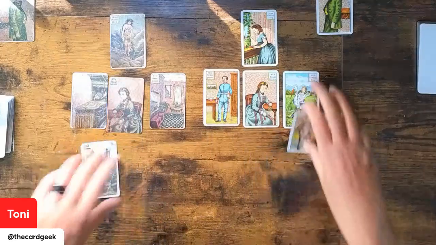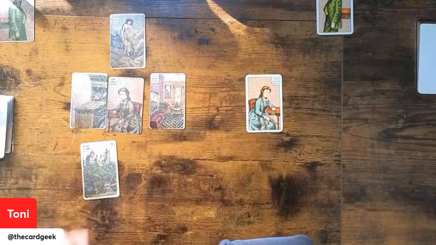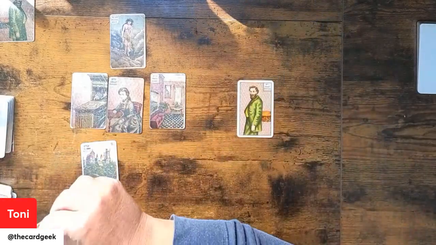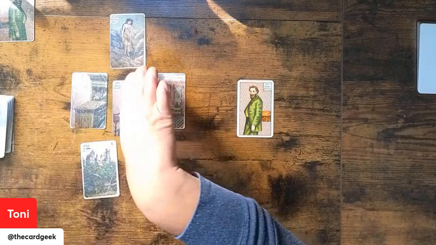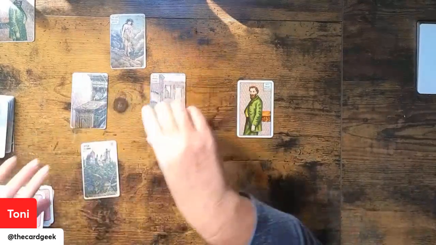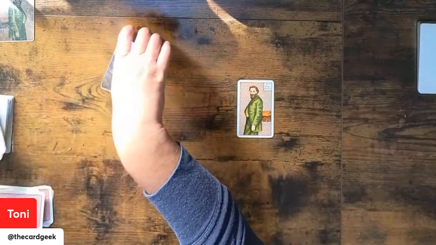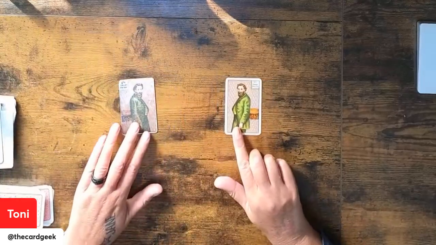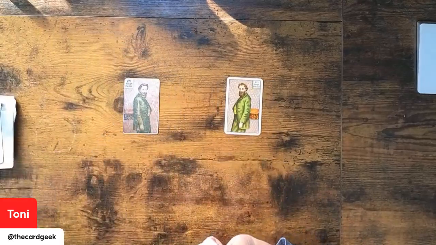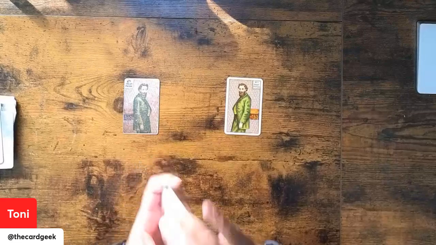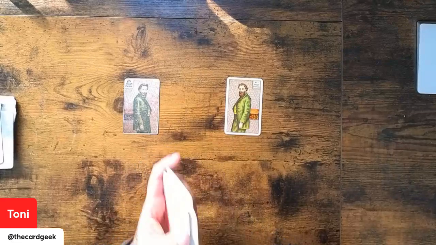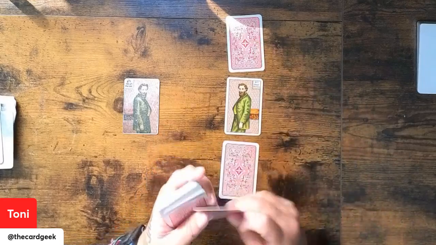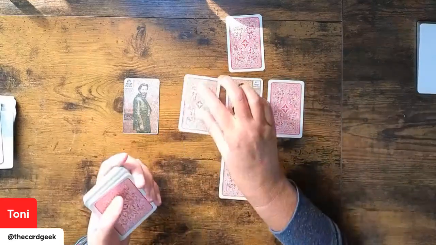Let's see how our gentlemen fare with these positions. Take the people out. Keep my decks separate. Okay, let's see how the gentlemen fare. So same positions, his thoughts, his feelings, what he's hiding, what he's projecting.